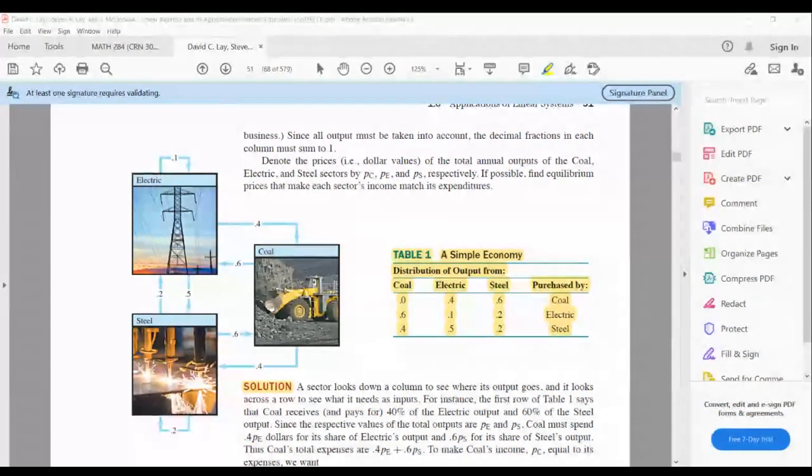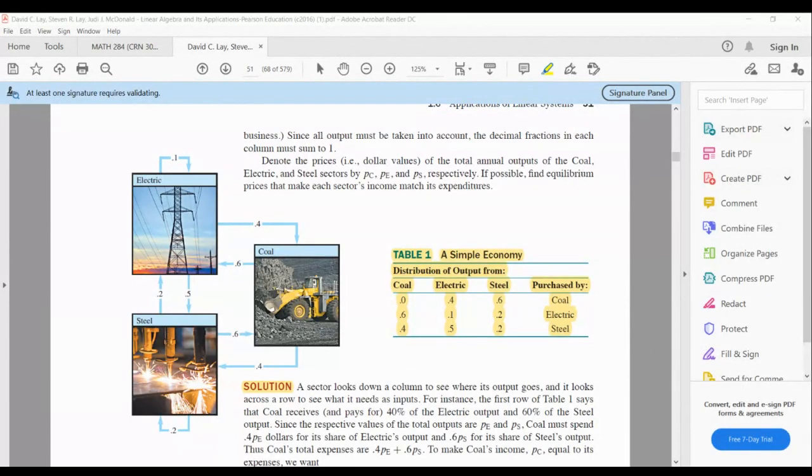So for coal production, the coal industry needs to purchase 60% of steel and 40% of electric. Now, why do you think coal needs to purchase 40% of electric and 60% of steel?